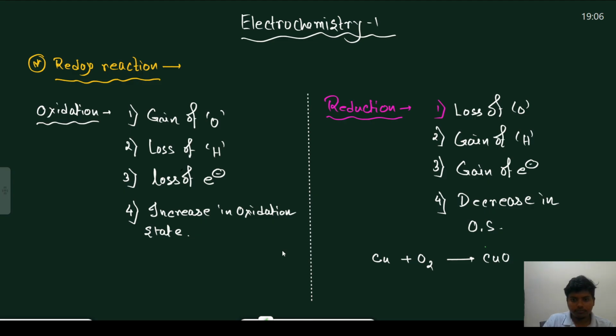Cu to CuO is oxidation, because copper is gaining oxygen. Yes or no? And oxygen is losing oxygen, so that is also reduction. Clear?